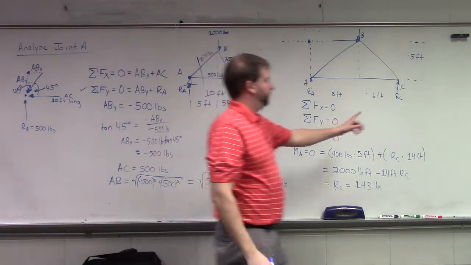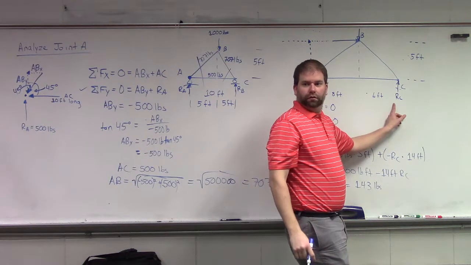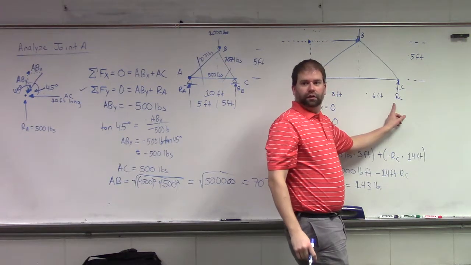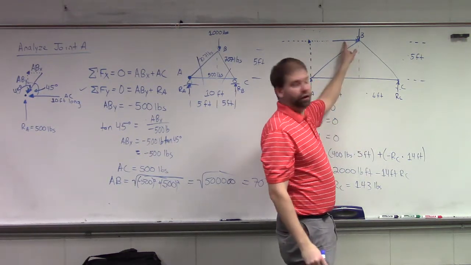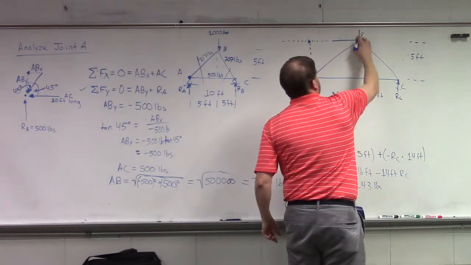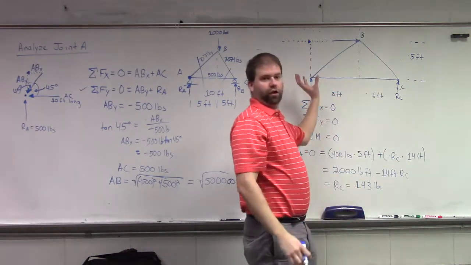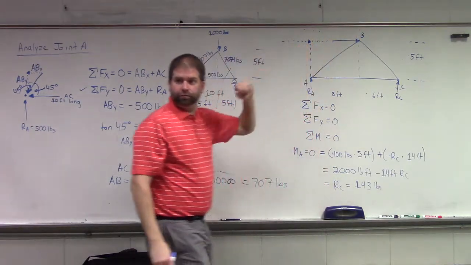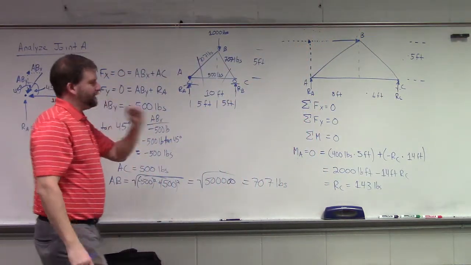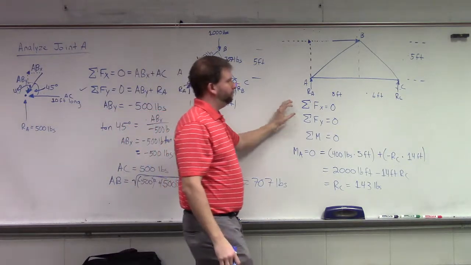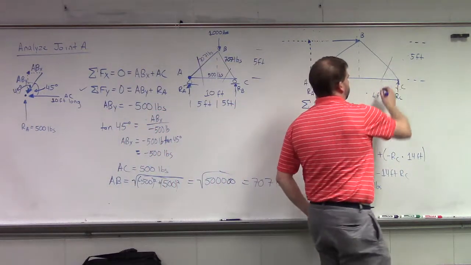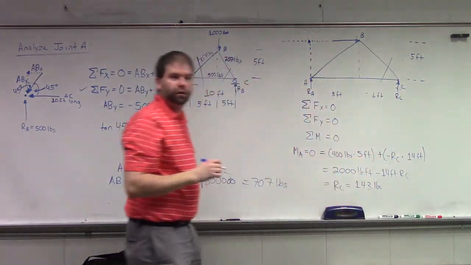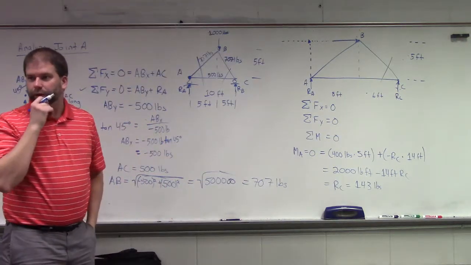Yep, it's the resistance that you need in RC to prevent your 400-pound force from kicking your truss out at reaction A. Okay? So we can't solve these equilibrium conditions yet, but if we chopped our truss here, could we determine what's going on?